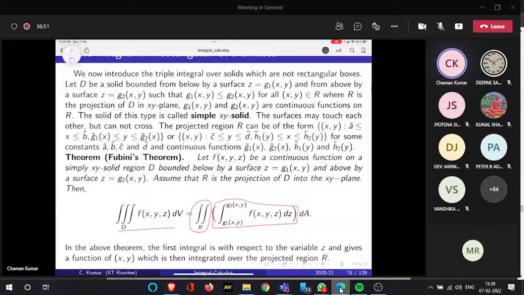Okay, so this is the double integral of this function. And here again, for the double integral you have Fubini theorem.